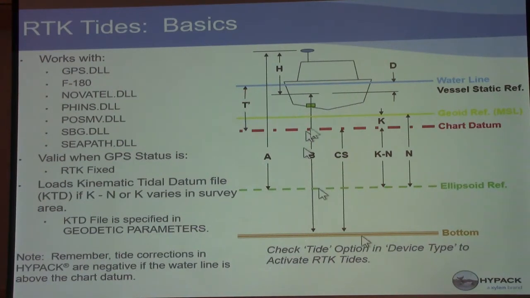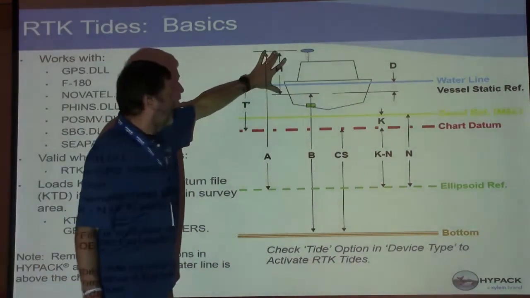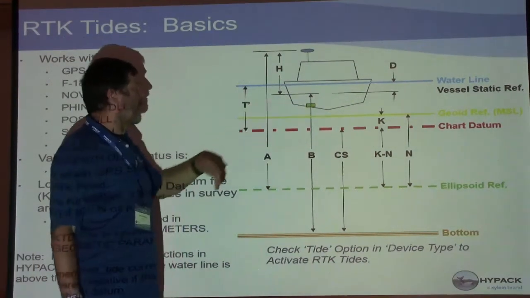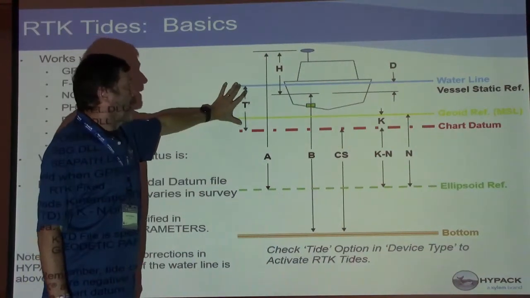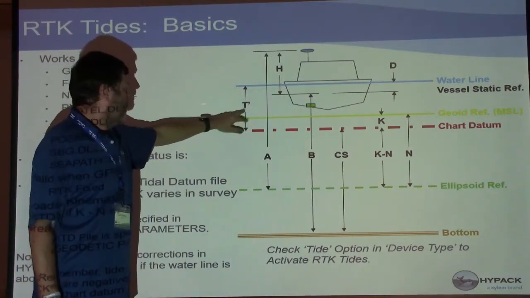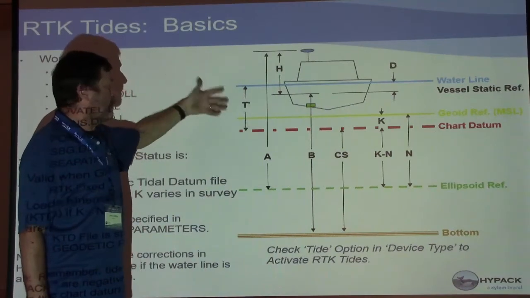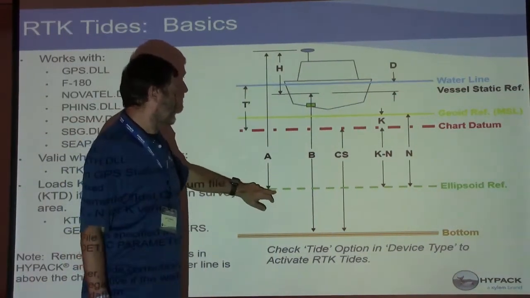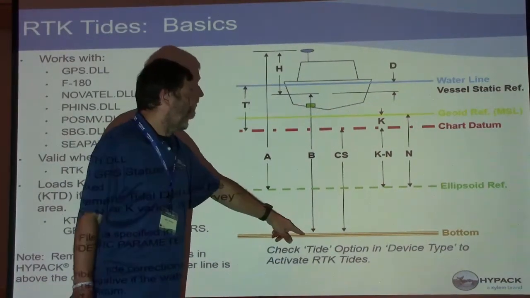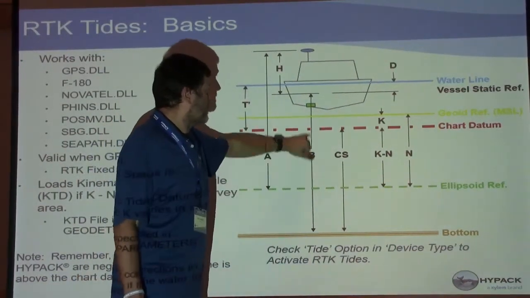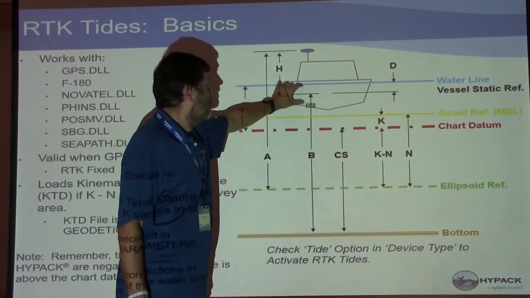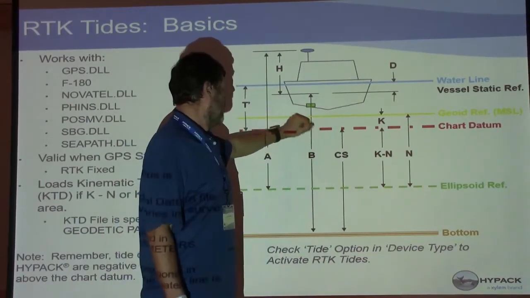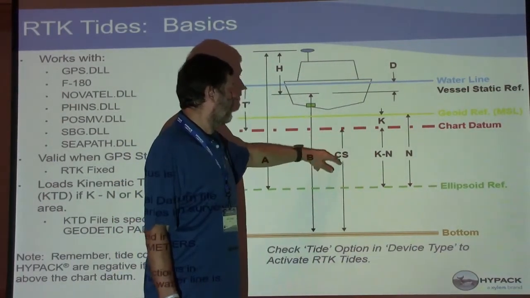So these are the different variables available when you're calculating RTK. You've got your antenna height above your reference point. You've got your actual tide value, with a little asterisk meaning that's a positive tide, but in HYPACK we invert it. Antenna height above your ellipsoid, the actual depth, surface draft also. Your chart sounding would be your final result.